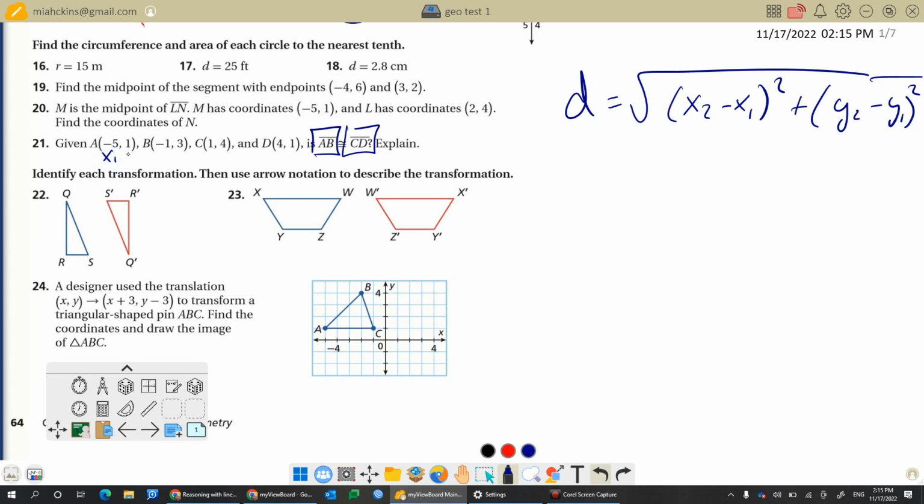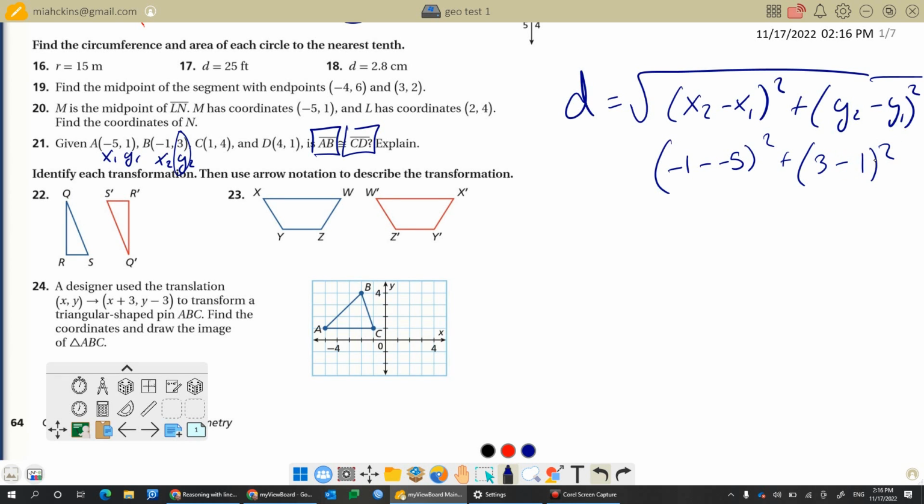So we have x1, y1, x2, y2. So x1 is going to be negative 5. So first, x2 is negative 1 minus negative 5 squared plus y2 is going to be 3 minus 1 squared.